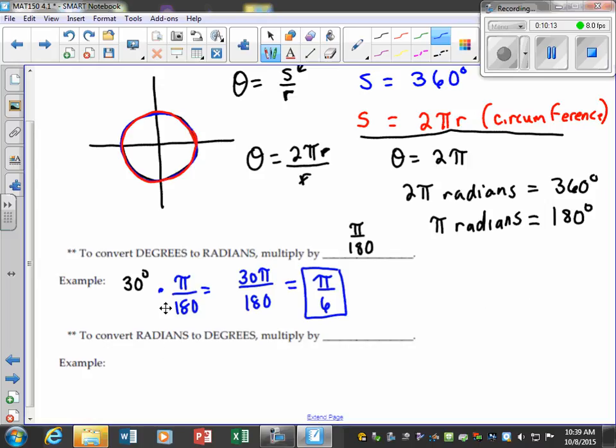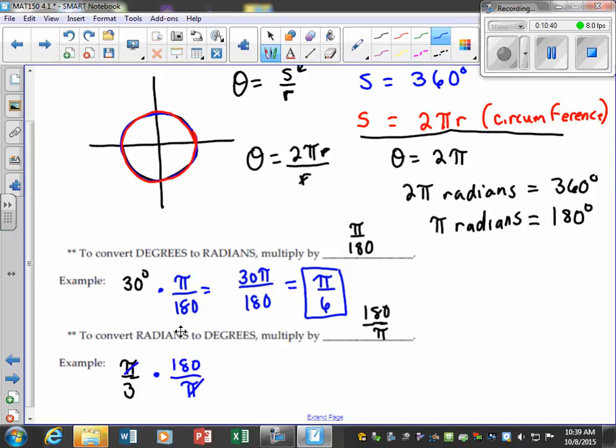Now we also have the rule to convert from radians to degrees. We multiply by the reciprocal of the other one, so 180 over pi. This time I'm going to give you a radian, pi thirds, and ask you to convert it to degrees. We multiply by 180 over pi.